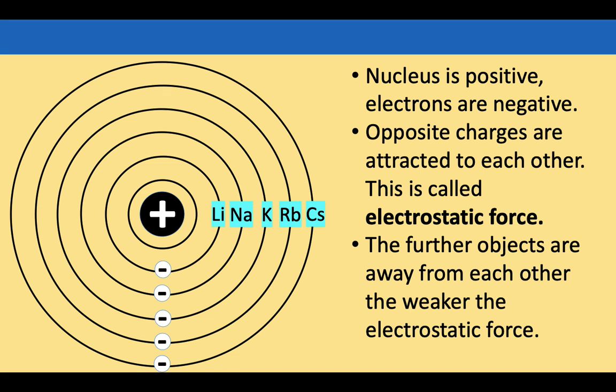So you can see that those electrostatic forces holding that outer shell electron in cesium must be a lot weaker than the electrostatic forces holding the outer shell electron of lithium to its nucleus. So cesium can more easily lose its electron than lithium can, just because the distance from that outer shell electron to the nucleus is much bigger.